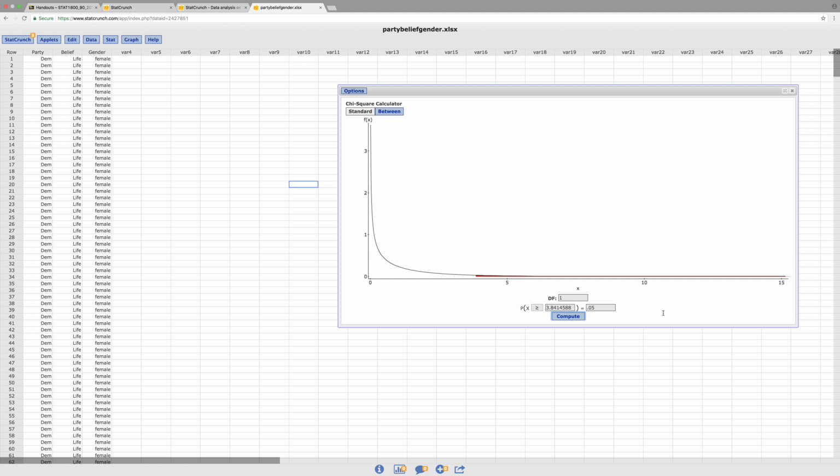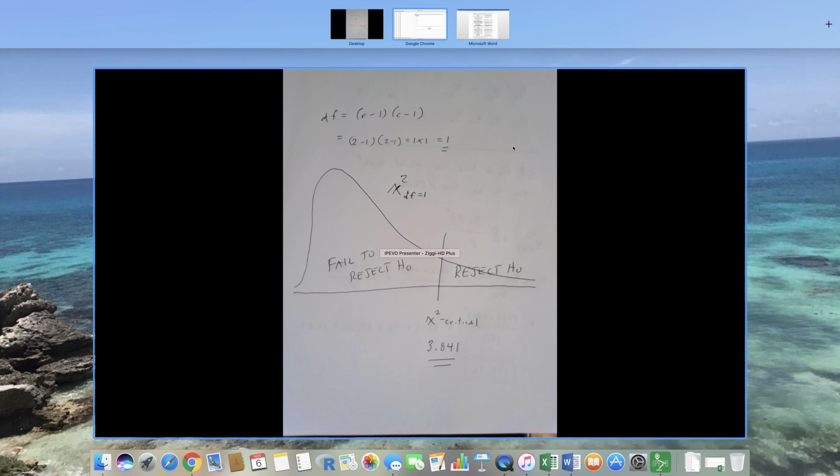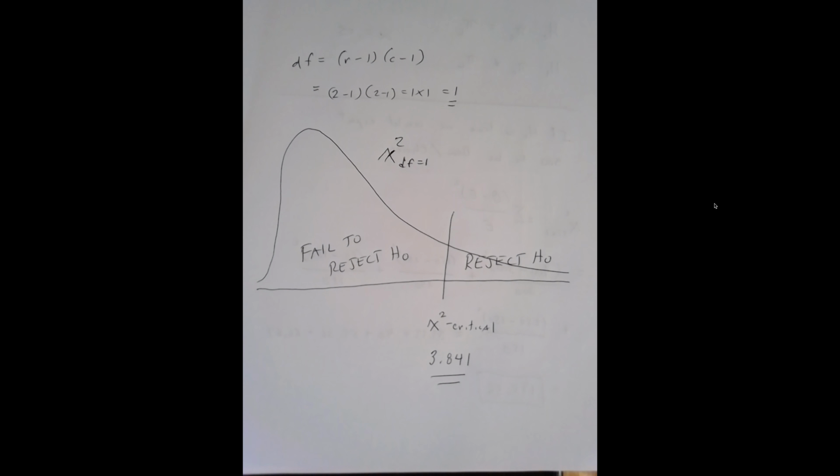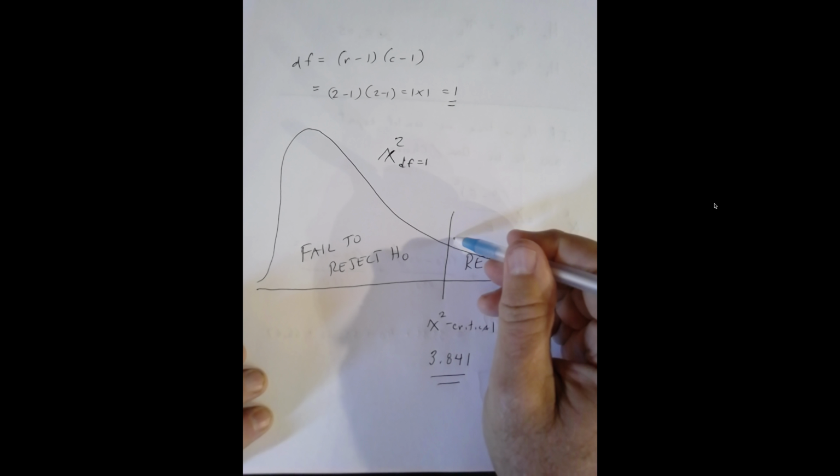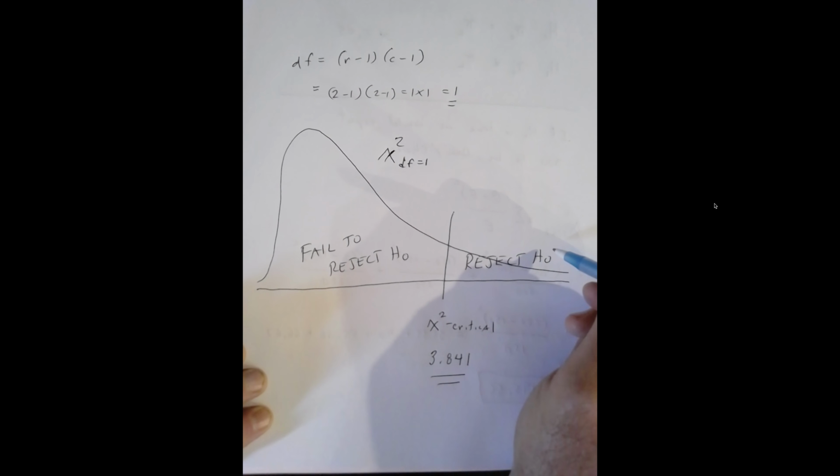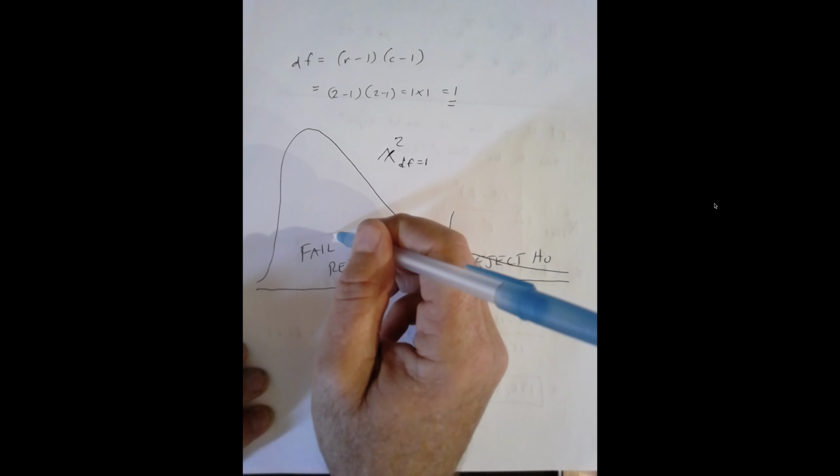So our chi-square critical is 3.841, let's call it. So going back over here, our chi-square critical is 3.841. So if we get a chi-square statistic bigger than 3.841, then we reject the null. Otherwise, we fail to reject the null.